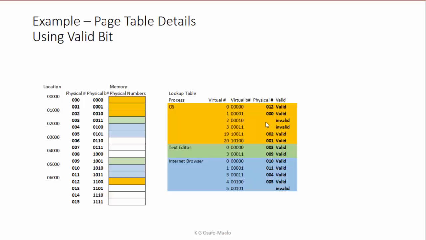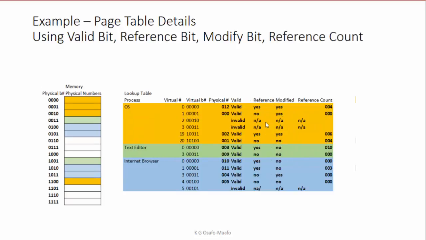We're going to extend on this a bit. So the extension is, when processes are running, there's also this thing called reference bit. The reference bit just means, did you make use of it? So for example, we could set up a room for a person, but maybe the person never used it. Right, so that means if the person never used it, we'll say no, it's never been referenced.